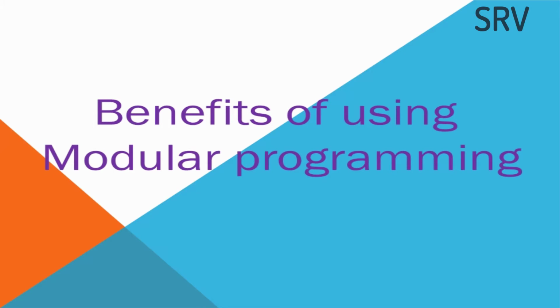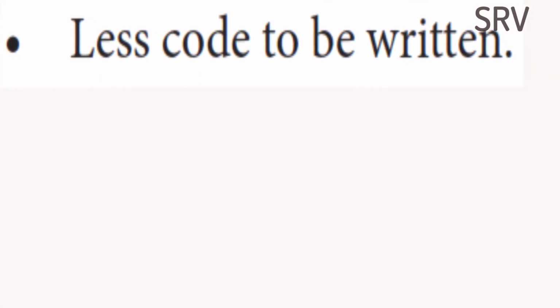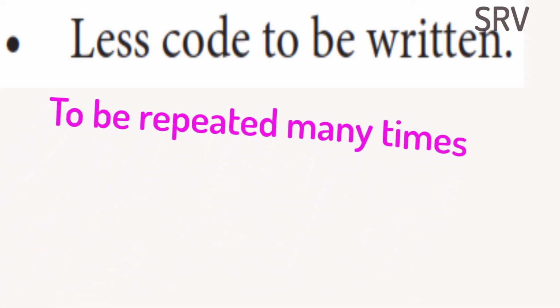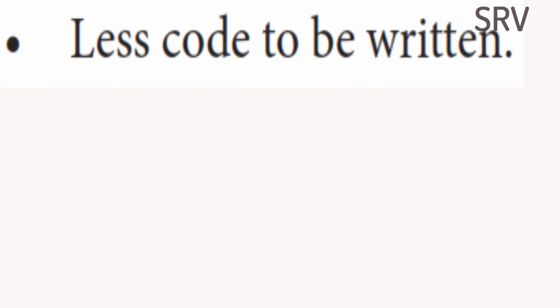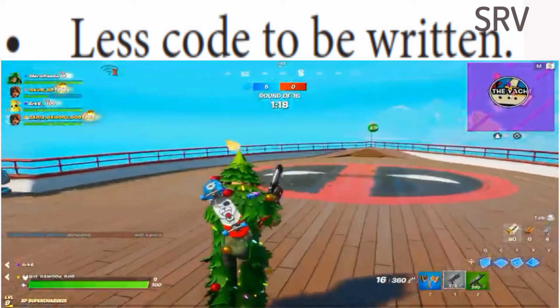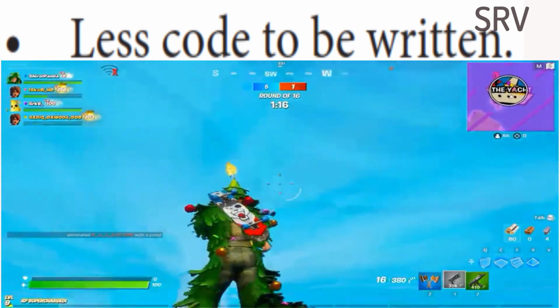If modular programming is used in a program, the following benefits are seen. Let's see them. The first one is less code to be written. If we want a few codings to be repeated many times, such codings are written as a module. Whenever we need it, we can reuse them. For example, in a few games, mostly running, shooting, and jumping actions will be there.